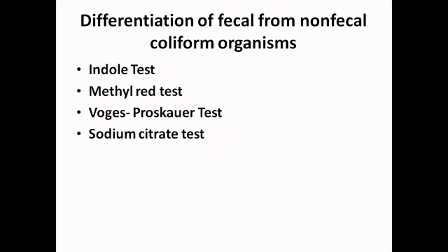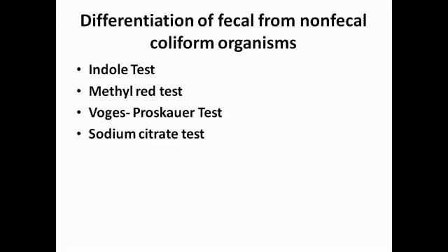It produces acetoin and 2,3-butanediol, acetyl methyl carbinol, which increase the pH of the medium, due to which Escherichia coli shows red coloration, that is pH drop, and Aerobacter aerogenes shows a typical yellow color, which is an increase in the pH.